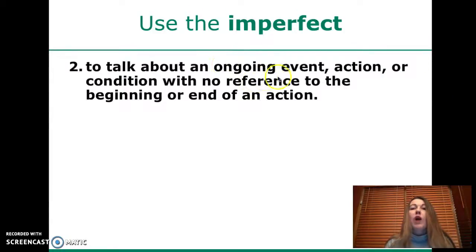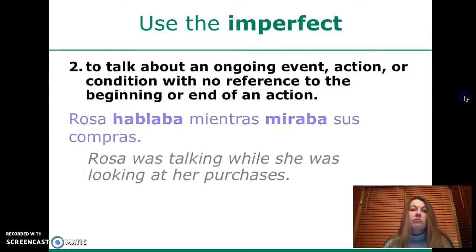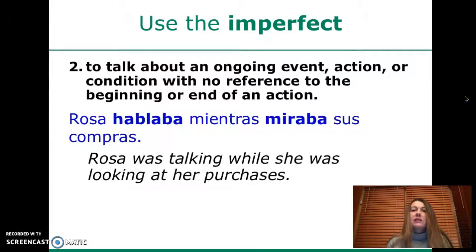If we're talking about an ongoing event, action, or condition with no reference to the beginning or the end of the action, okay? So when we're saying something is ongoing, okay, it doesn't mean that it's always ongoing. It's just that from our perspective, we can't see when it started or when it ended, okay? Rosa hablaba mientras miraba sus compras.